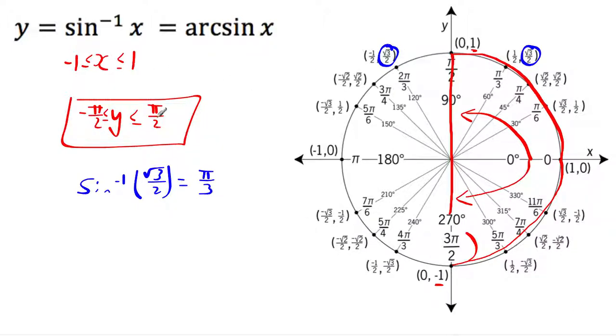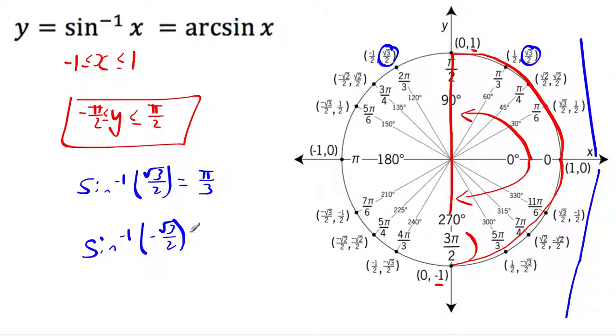Notice, if you're asking for the inverse sine, you're asking for which angle gives you a y value. Because you can only have up here, which is positive, and down here, which is negative, whenever you take the inverse sine of a negative value, you're going to have a negative answer. So if we say, what's the inverse sine of -√3 over 2? That is down here.